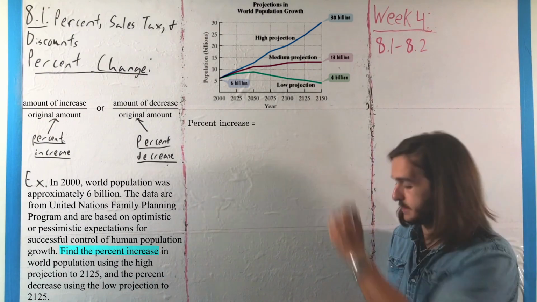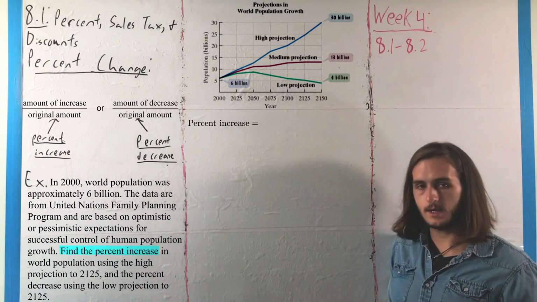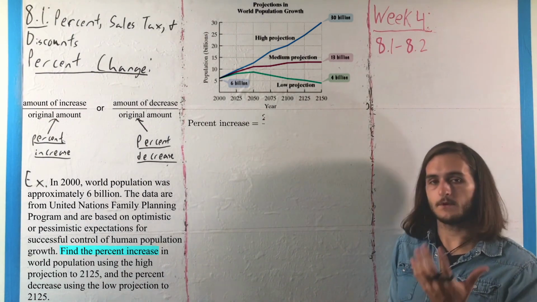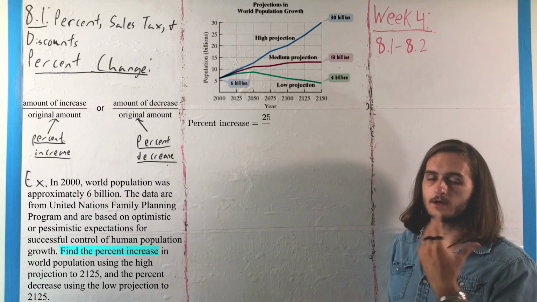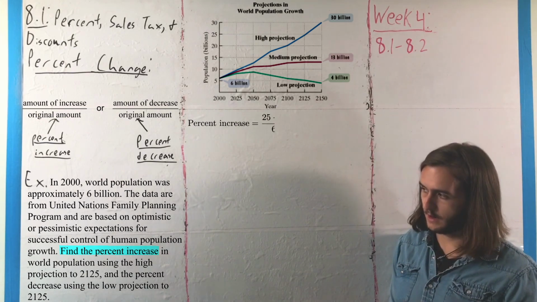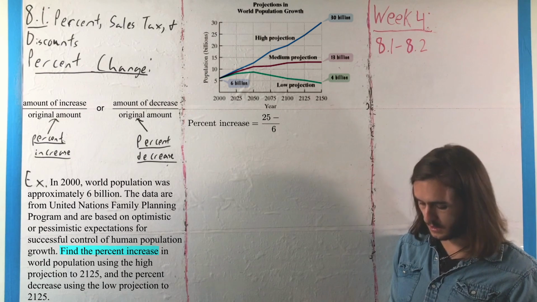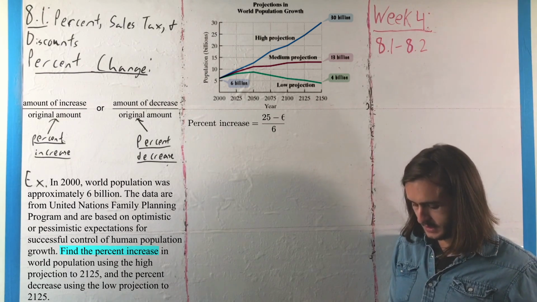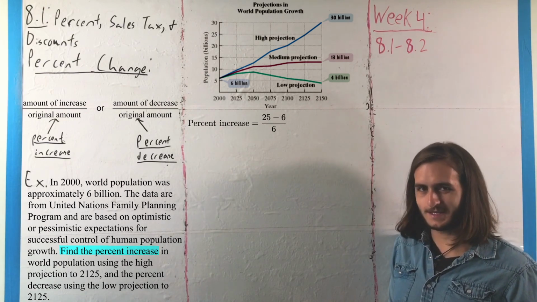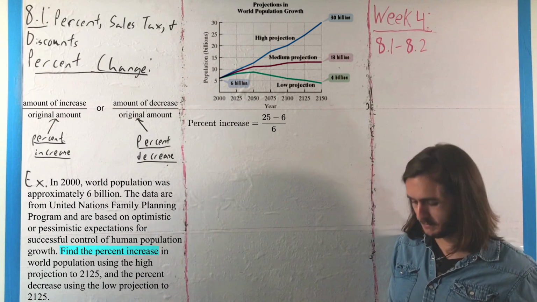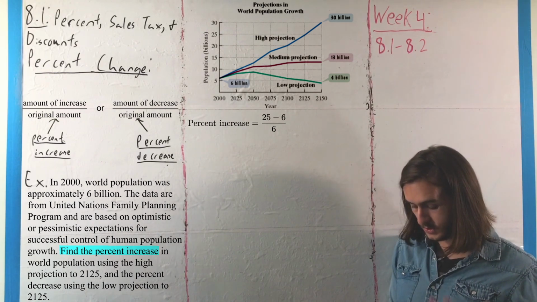where to describe that percent increase, what we're looking at is the difference between the amount that we are expecting to have, which based on that graph ends up being about 25 billion, as compared to the 6 billion in the year 2000.